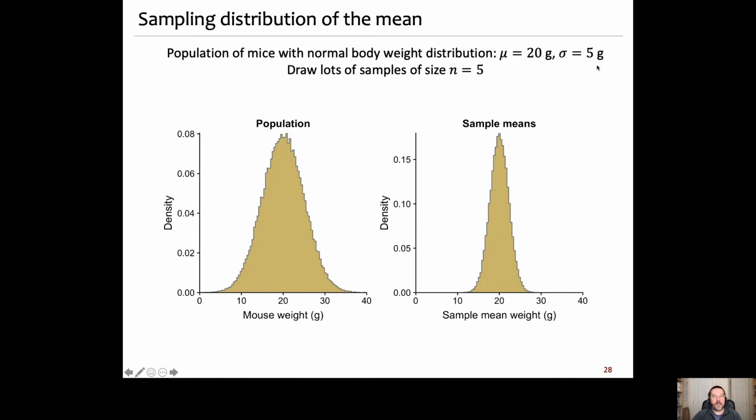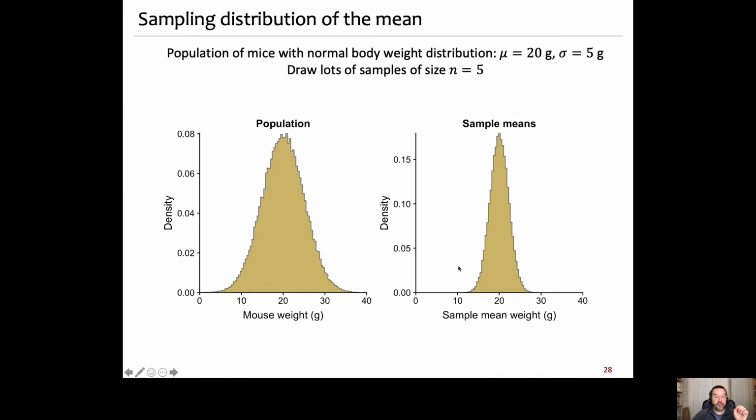The mean body weight is 20 grams and standard deviation of this distribution is 5 grams. This is our population. This is a distribution of individual weights of each mouse. Now we build a sampling distribution by taking a random sample of 5 mice from this distribution and calculating its mean.